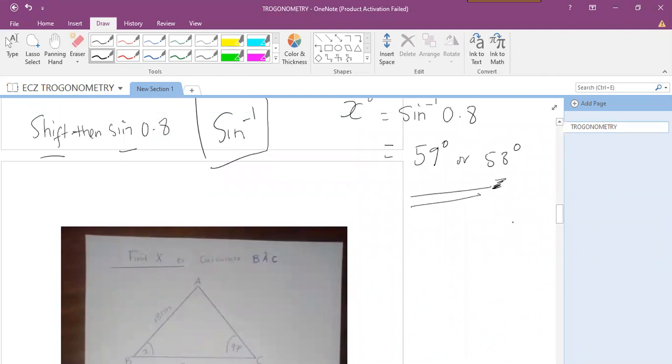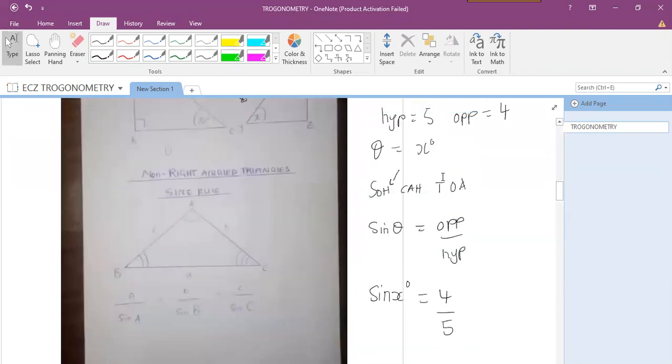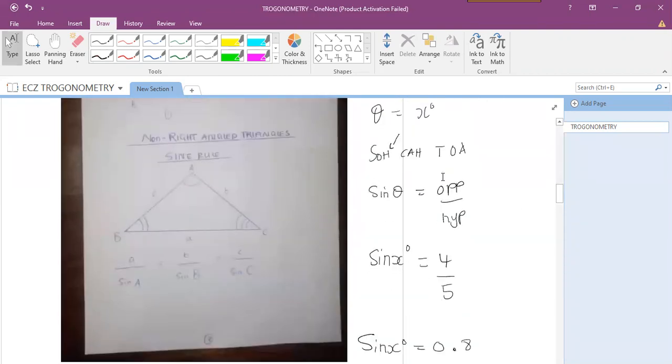Let me just add them here. So let's move on to the sine rule. I can still teach it here. So these will be your notes for the sine rule, because I didn't indicate it there. Or maybe the notes are above. Yeah, here are the notes. I would have been surprised.